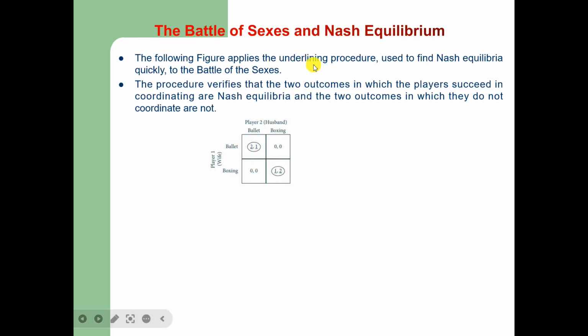But if they choose ballet, boxing or boxing, ballet, then they will not coordinate. So these two entries are Nash equilibria, and the other two are not. This is a brief explanation of the battle of the sexes game, which shows that there is more than one Nash equilibrium.